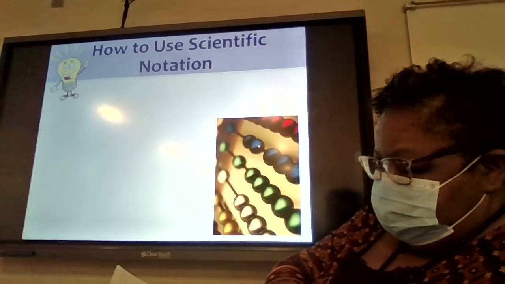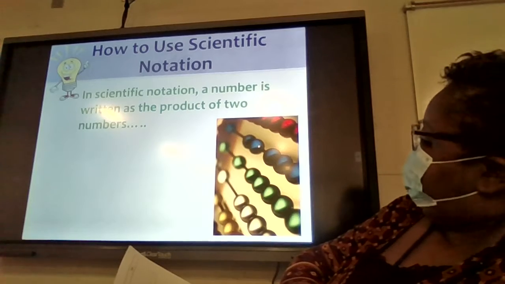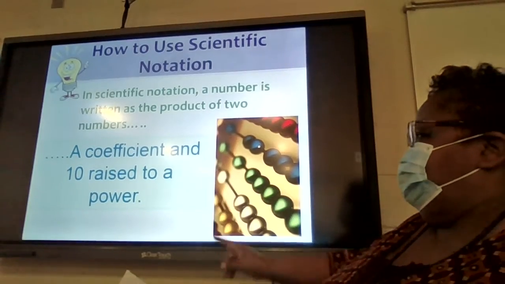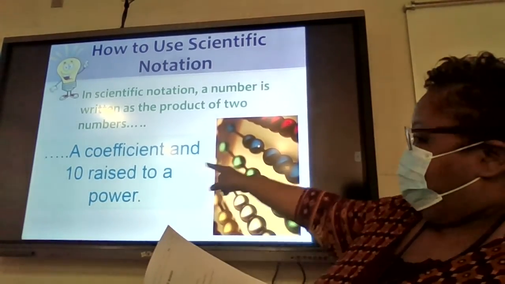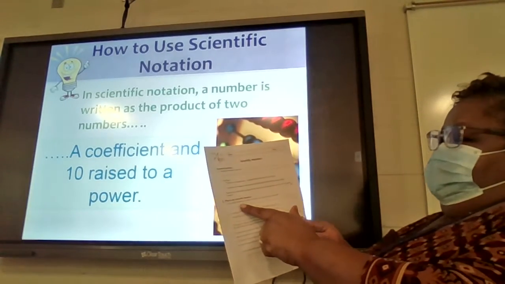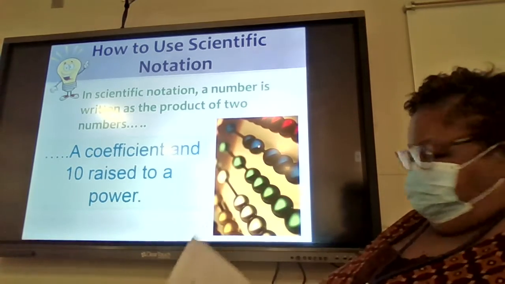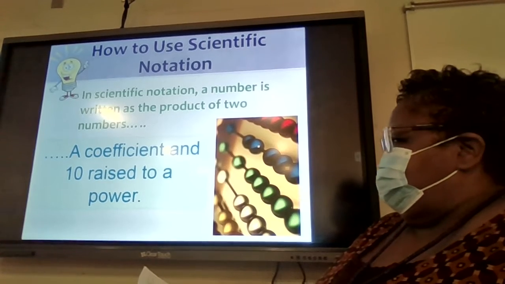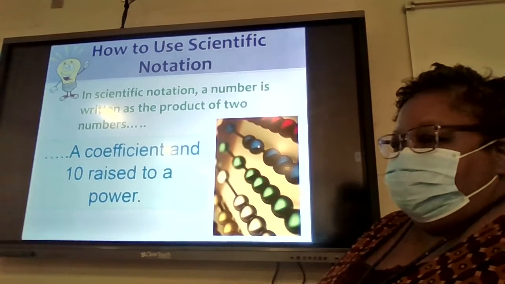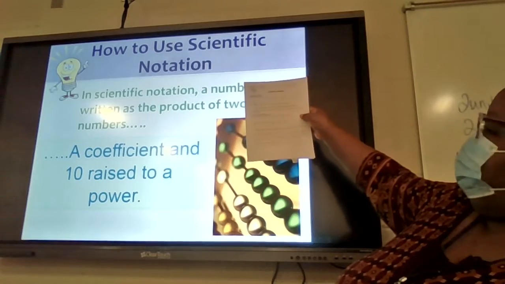Okay. So again, how to use scientific notation. In scientific notation, a number is written as the product of two numbers. Okay? So let's write this in the blank. A coefficient and 10 raised to a power. So right there, in scientific notation, this is Roman numeral 2, A. So you're going to write that right there, a coefficient and 10 raised to a power.